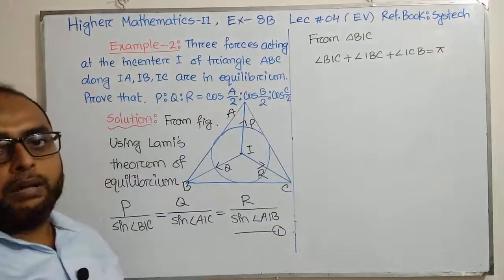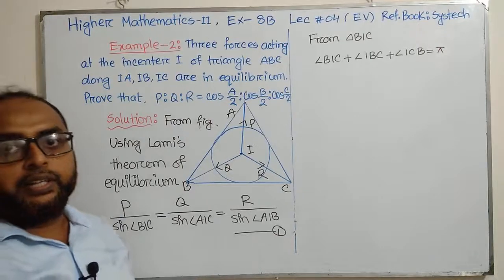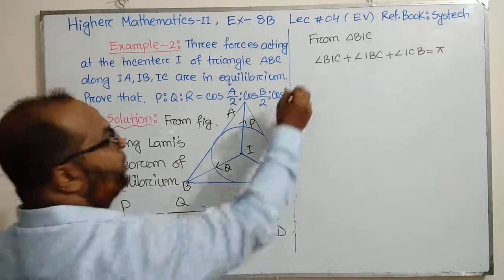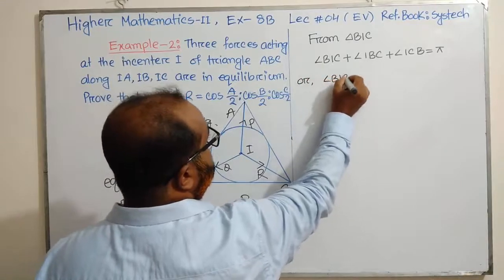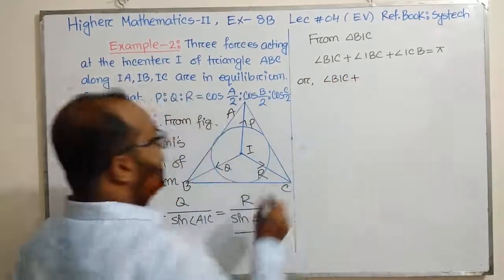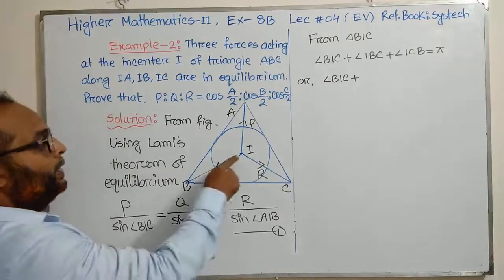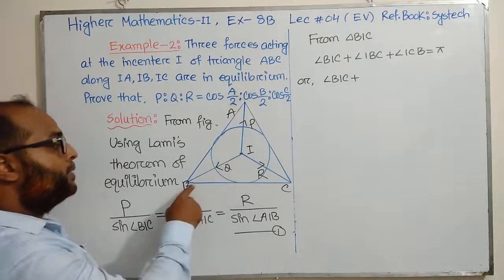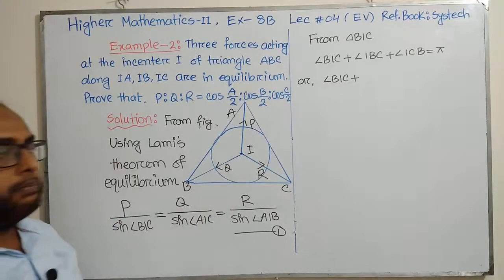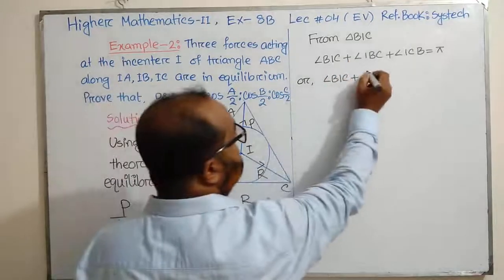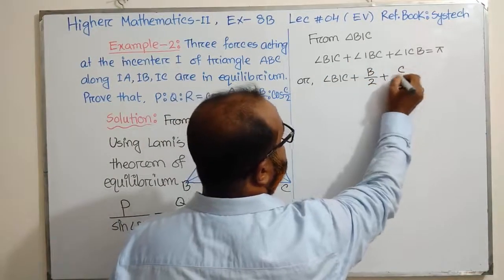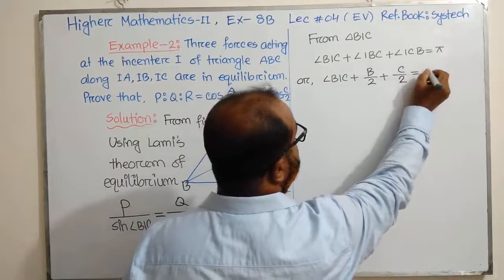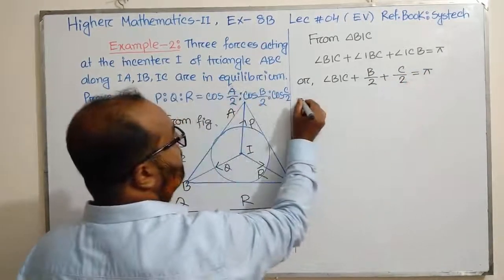You know, the sum of the three angles of any triangle is pi. So angle BIC plus, here I is the incenter, so IB is the bisector of angle B, we can write angle B by 2 plus angle C by 2 equals pi.